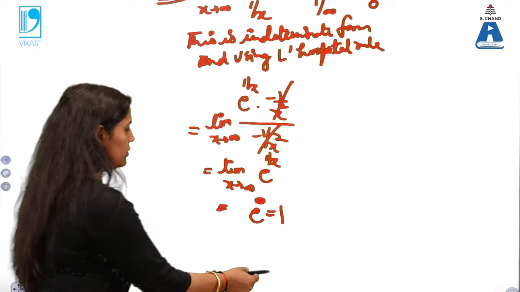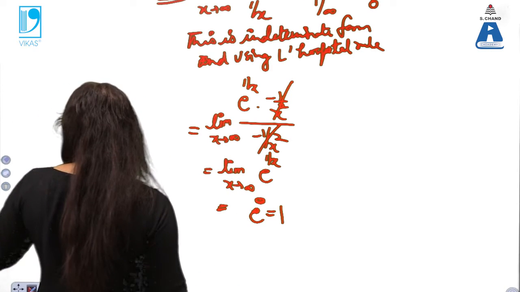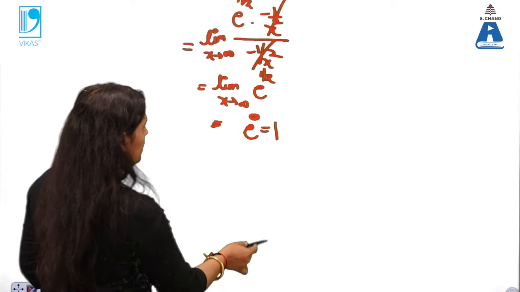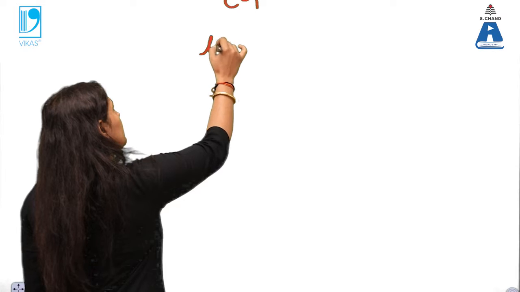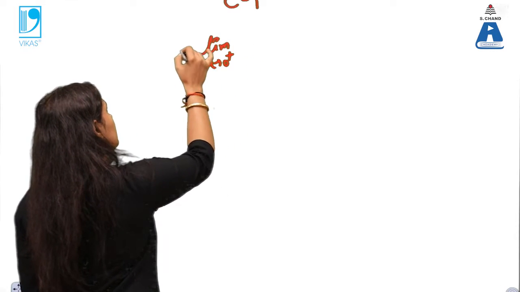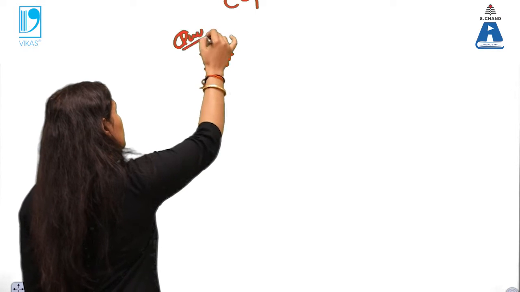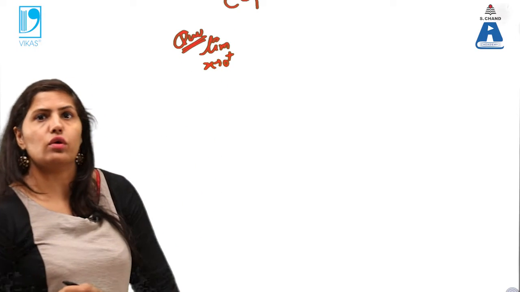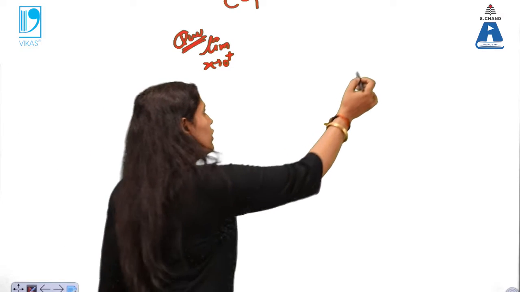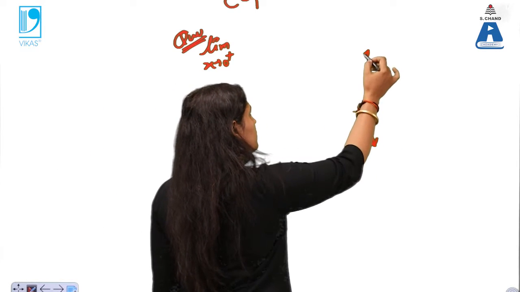Now taking another problem, and the problem is limit x tending to 0 plus of x log x. I hope you understand the meaning of 0 plus. It means you are moving towards the positive side of 0, that is the origin.